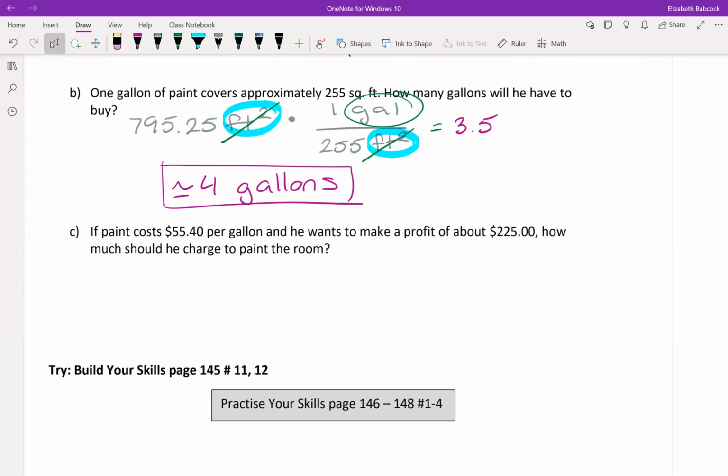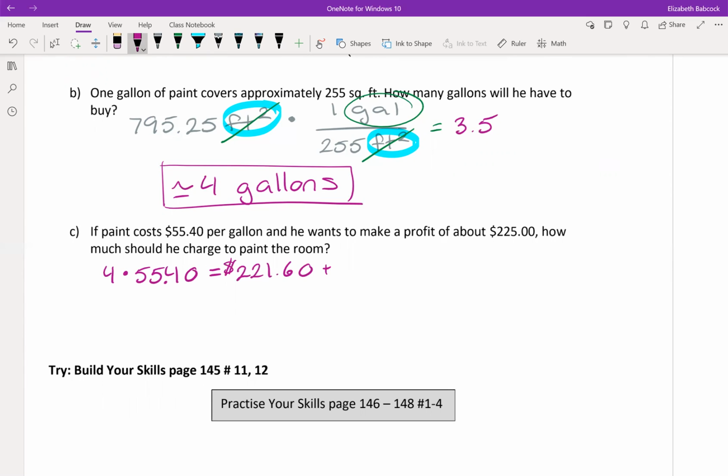However, now if paint costs $55.40 per gallon and he wants a profit of about $225, how much does he need to charge to paint the room? Okay. So if he has to buy 4 gallons at $55.40, that is going to mean he is spending a total of $221.60 on paint.